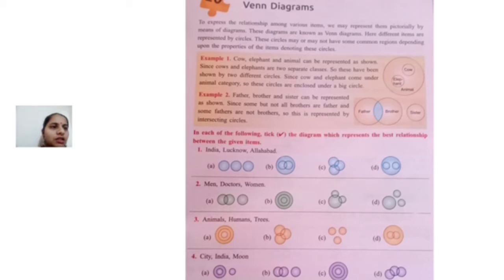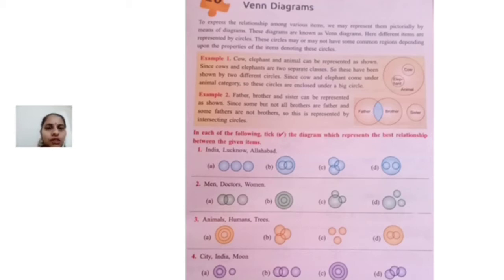See, here three circles are given. In the first circle, it is shown animal. We know that cow is also an animal and elephant is also an animal. But cow has different characteristics and the elephant has different characteristics. Although they have four legs, many things are the same.